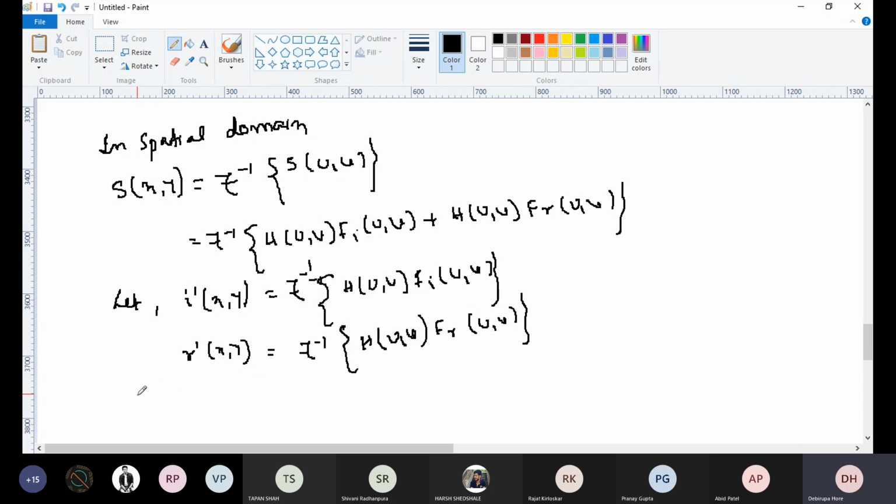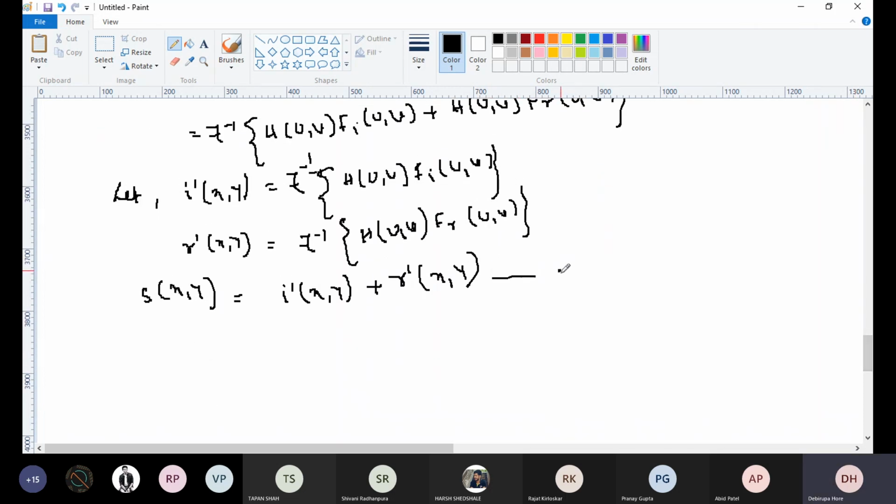Therefore, we can write that s of xy equals I dash xy plus r dash x comma y. Give this equation number 3.